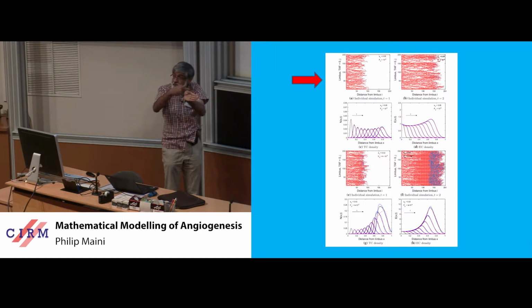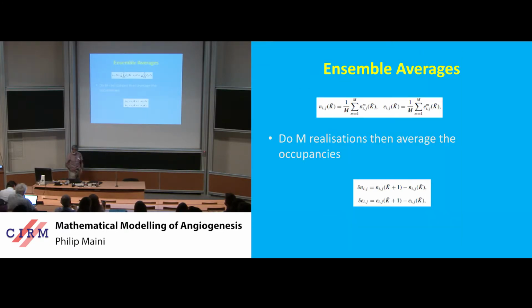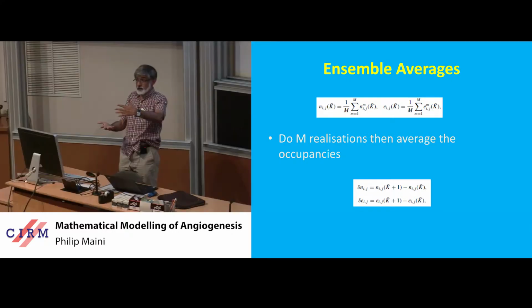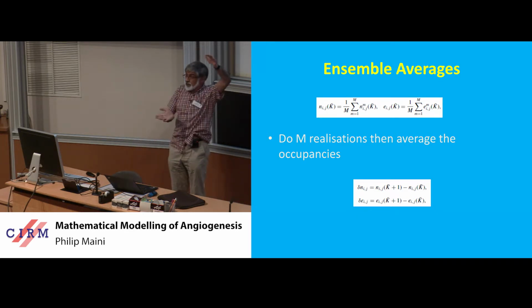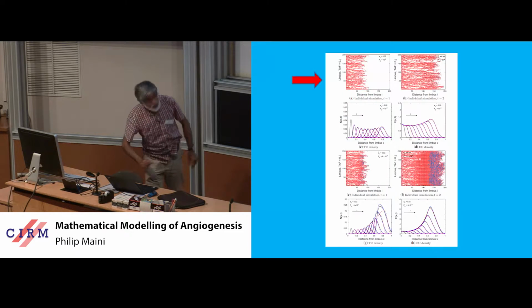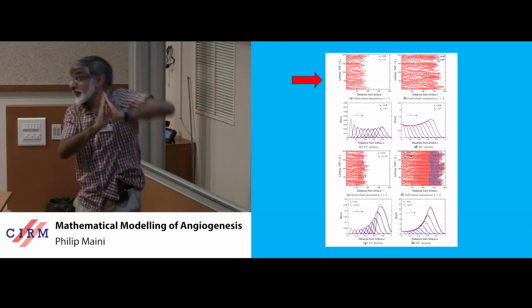In other words, it's integrating along the y-axis. Okay? So what we will do to compare it with the snail trail model is take ensemble averages. So we run the simulation, and then we average in the y direction in order to get the x dynamics, okay? And if we go back here and look at the black thing, that's the averaged in 1 dimension, okay?